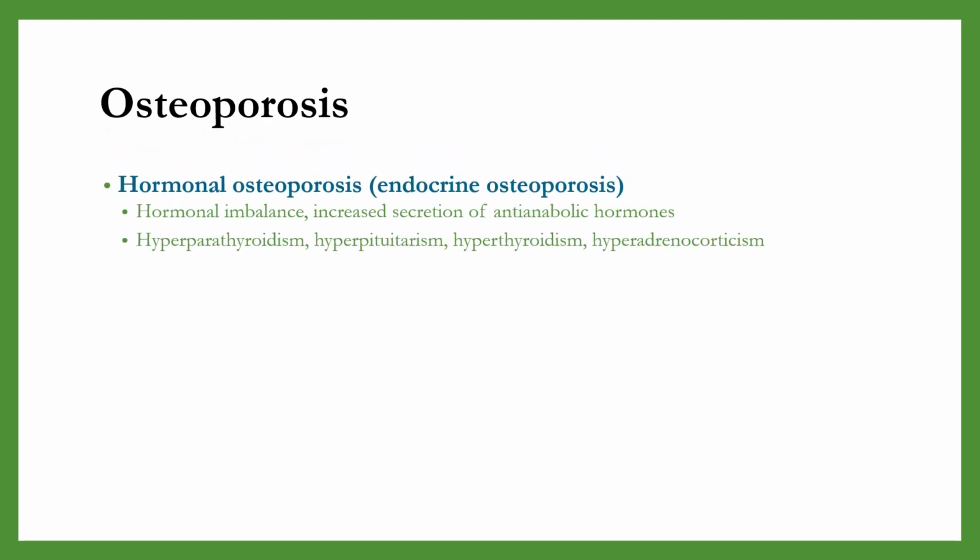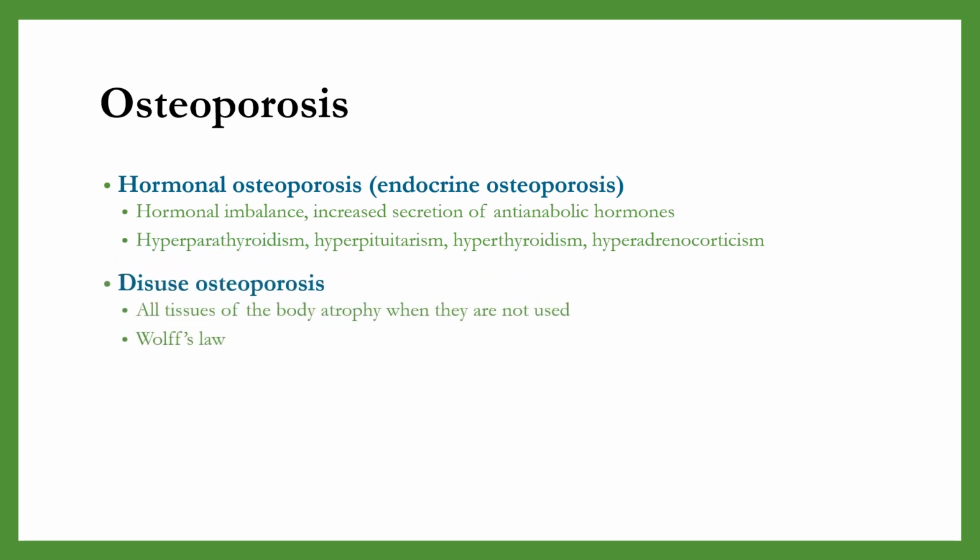Osteoporosis. There is hormonal osteoporosis involving hormonal imbalance, increased secretion of anti-anabolic hormones. And there is also hyperparathyroidism, hyperpituitarism, hyperthyroidism, and also hyperadrenocorticism.